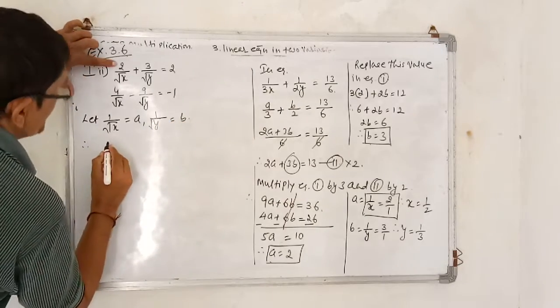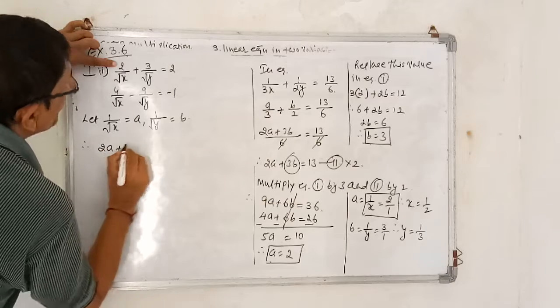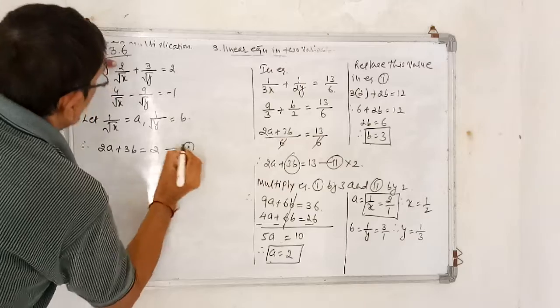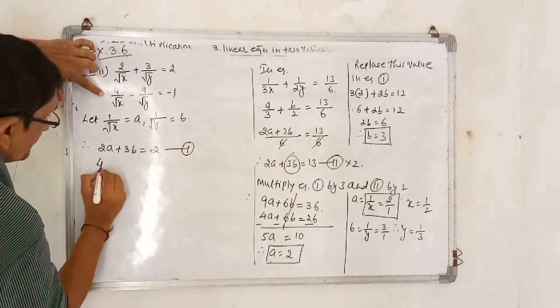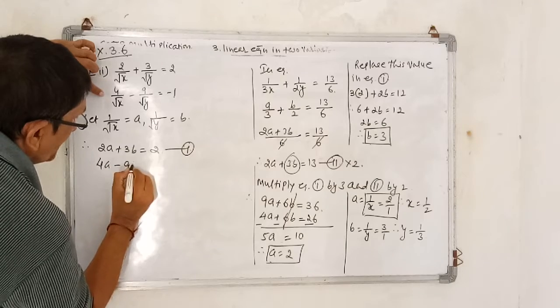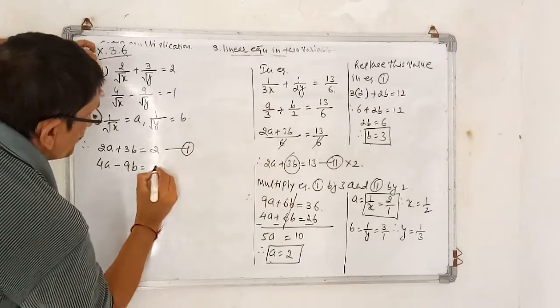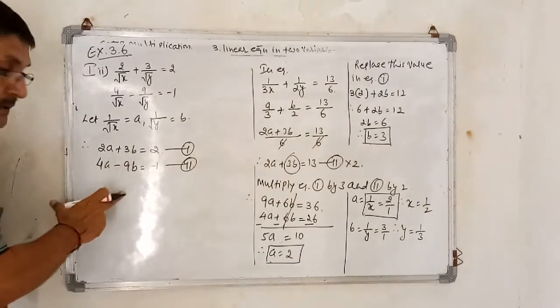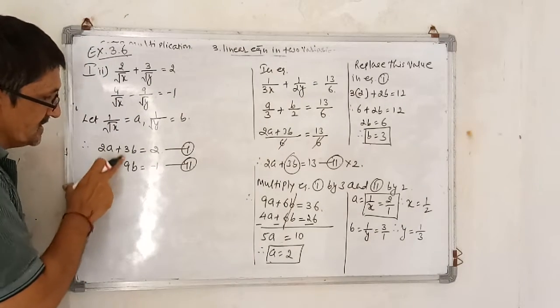So therefore this equation is 2a plus 3b is equal to 2. And here it is 4a minus 9b is equal to minus 1. Now for b we can say this is a 3 and 9.